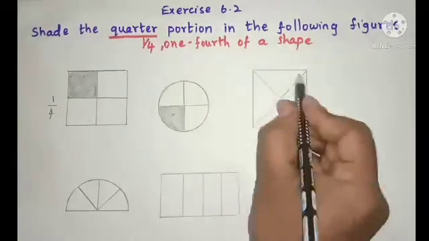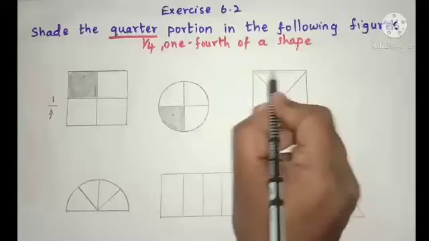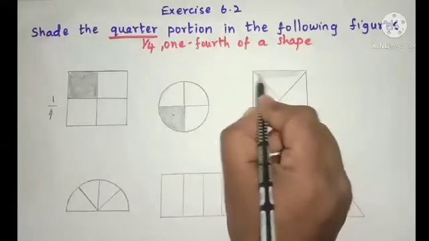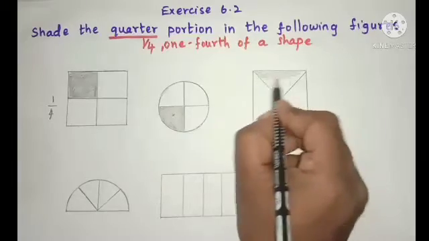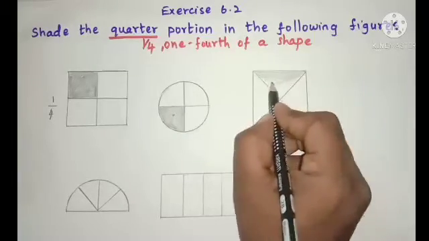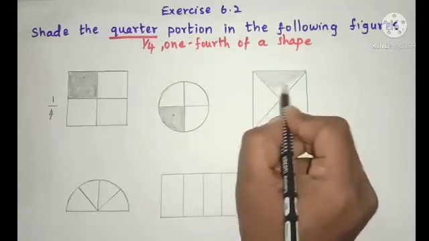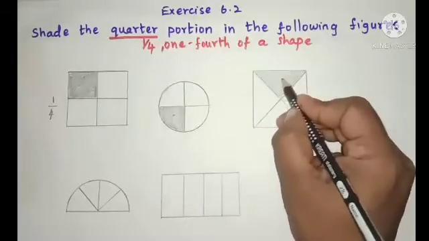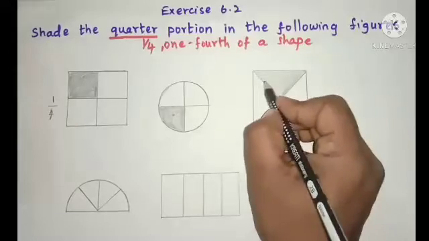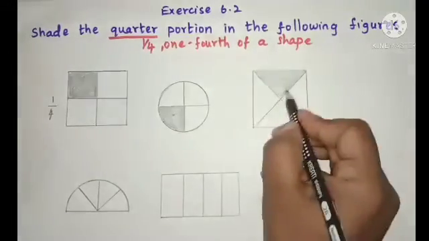And here, let us shade the portion. You can shade this or this or this or this. Any one part. Because the square is divided into 4 equal parts, and here I have shaded only one part.